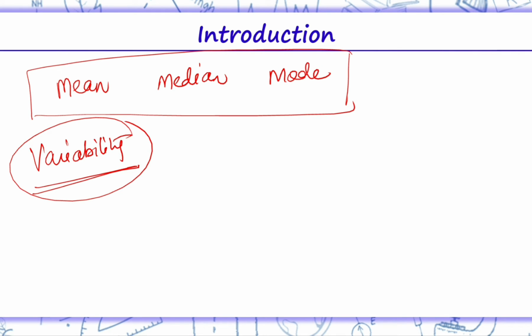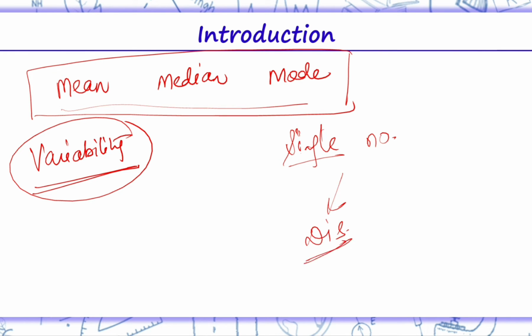When we calculate mean, median, mode, we look for the central value, a single number. And the spread of the distribution is dispersion, and the various methods of measuring dispersion are called measures of dispersion.